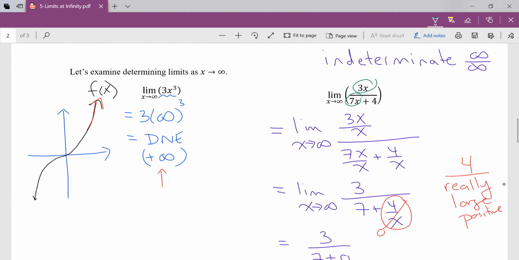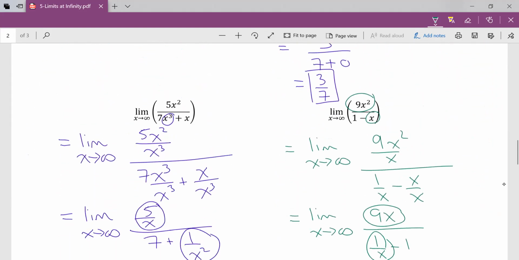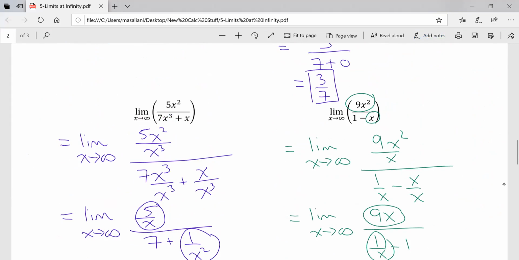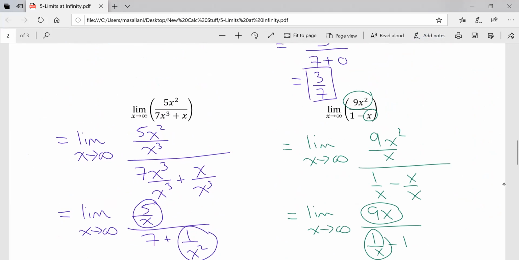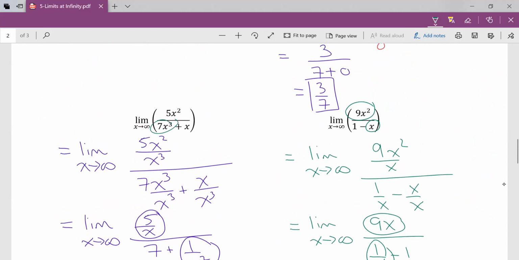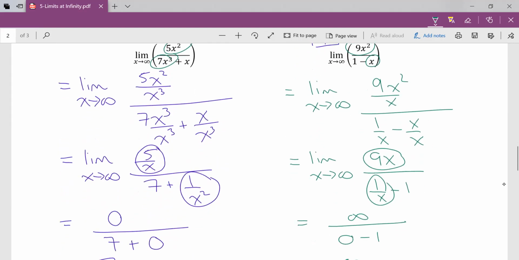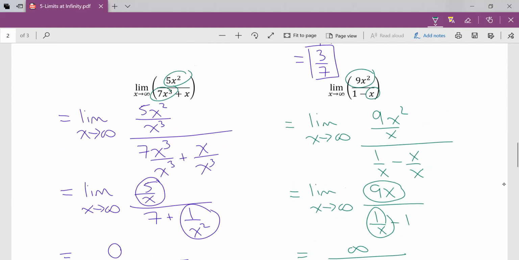In the next one, the denominator is growing faster than the numerator, and we had an easy answer of 0. And in this one, the numerator has a bigger degree than the denominator, so we will not have a limit because the top is going to grow without bound in comparison to the bottom.